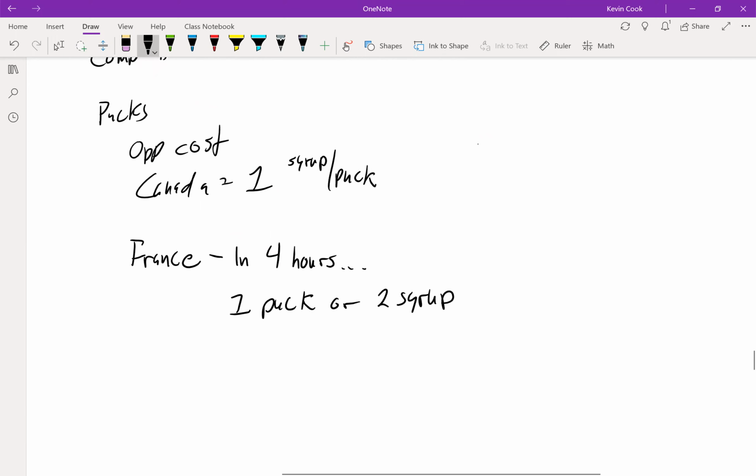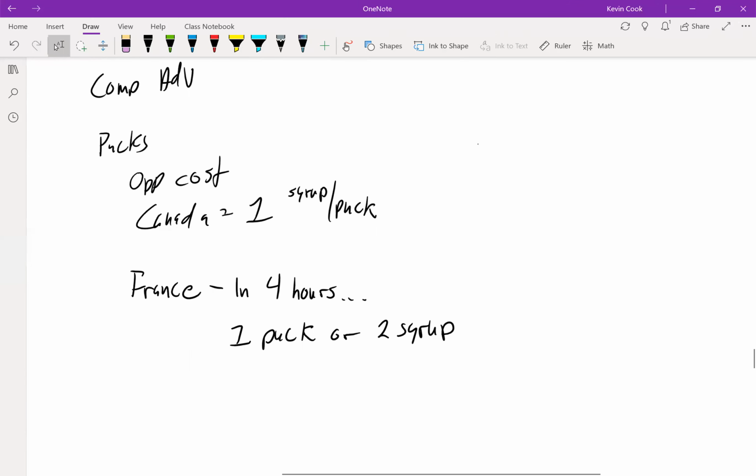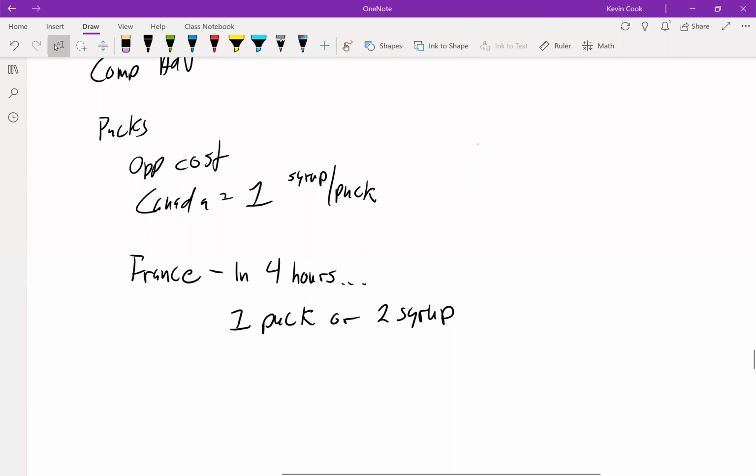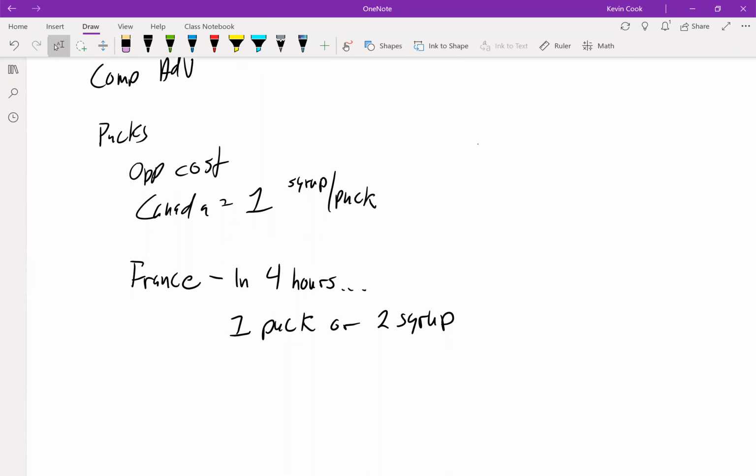So the opportunity cost of a puck would be 2 syrups per puck. That's because in the same time they can make 1 puck, they can make 2 syrups.